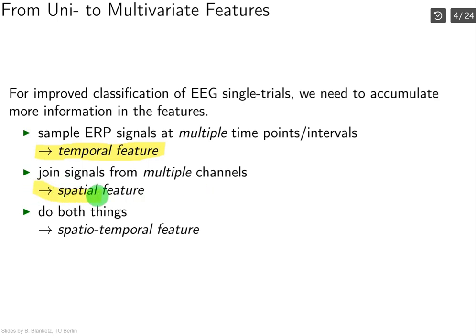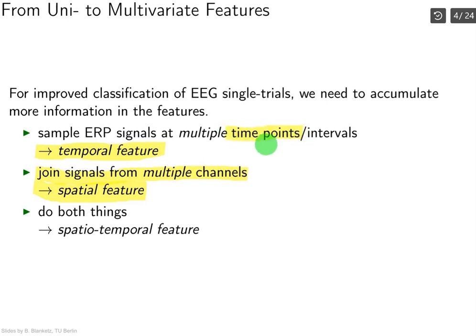There is also a special feature we can define. We're not only considering the ERP trials or EEG signal from a single channel, CZ, but from all possible or available channels, multiple channels. So there are two different types of features we talk about when it comes to EEG and ERP: temporal features and spatial features. Temporal features are related to time points.